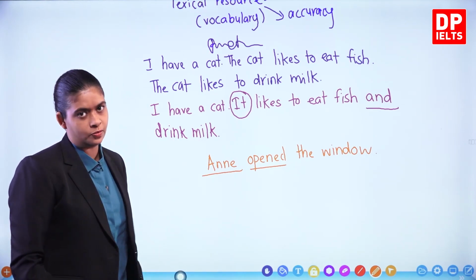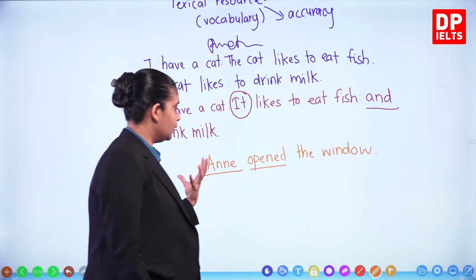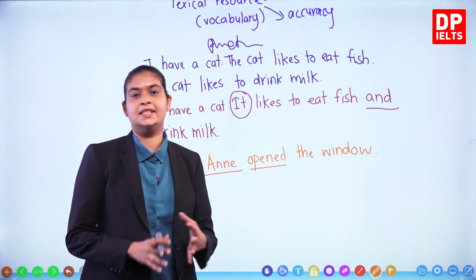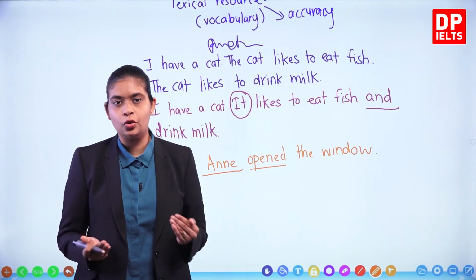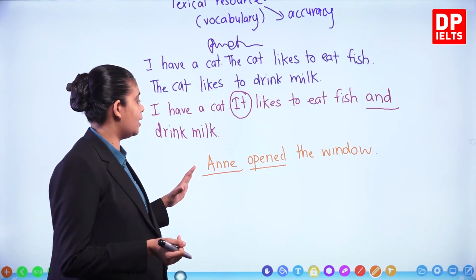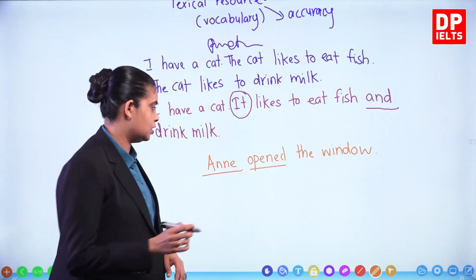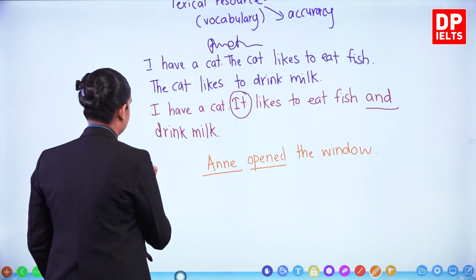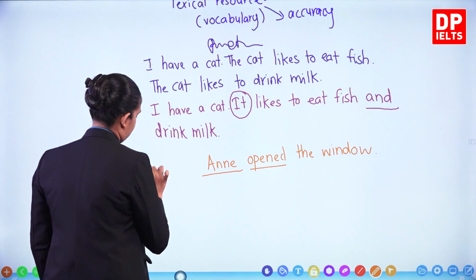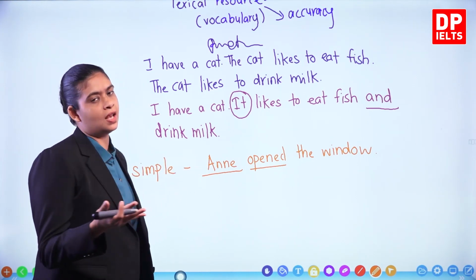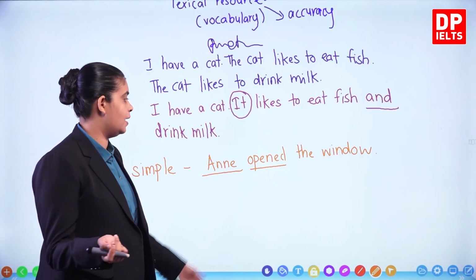The window is the object. So here you have a subject, you have a verb, and it is a completed thought. So if you have a subject, a verb, and a completed thought, we call these sentences a simple sentence. You could have a compound subject or a compound verb.